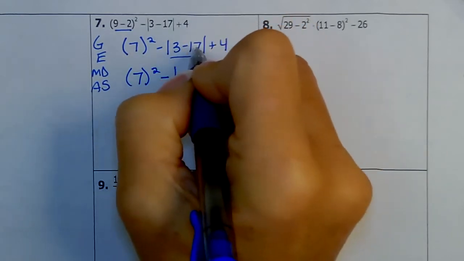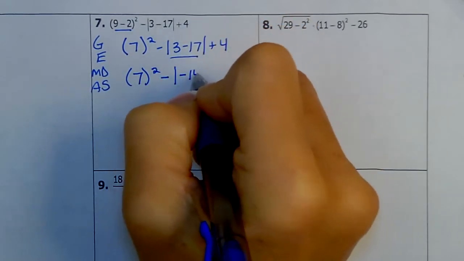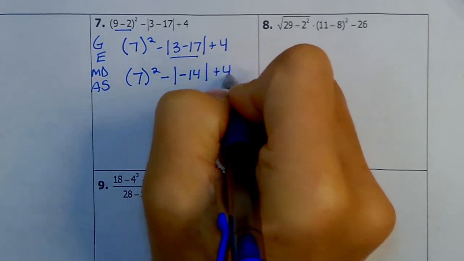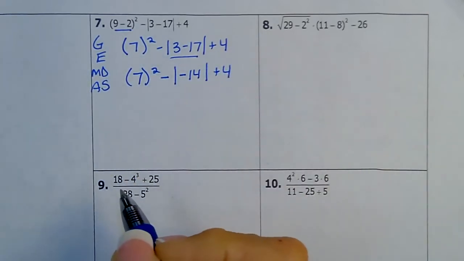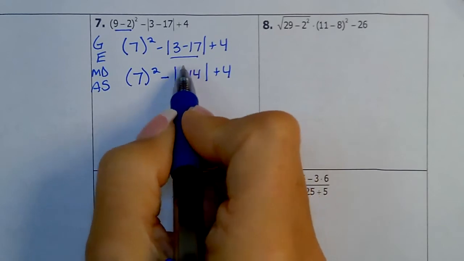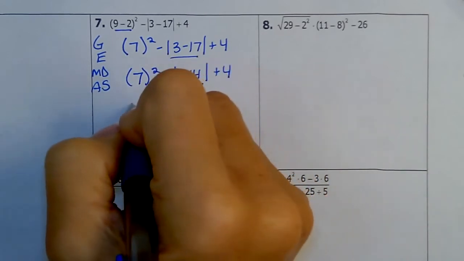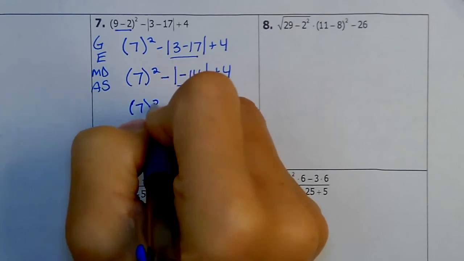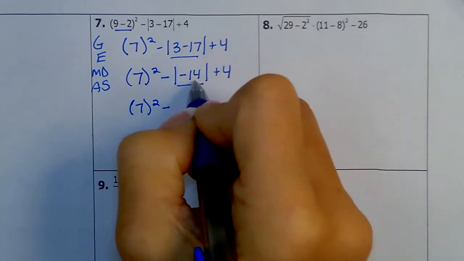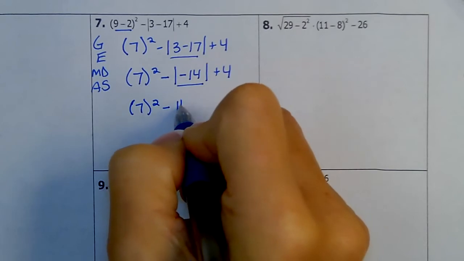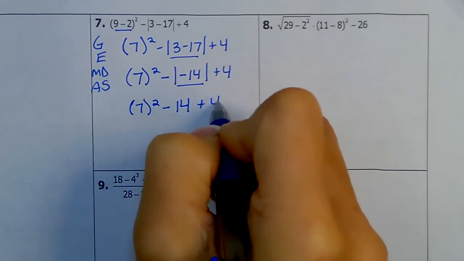So 3 minus 17 is negative 14. Okay, so now we need to find the absolute value of that. 7 squared minus the absolute value of negative 14 is 14.